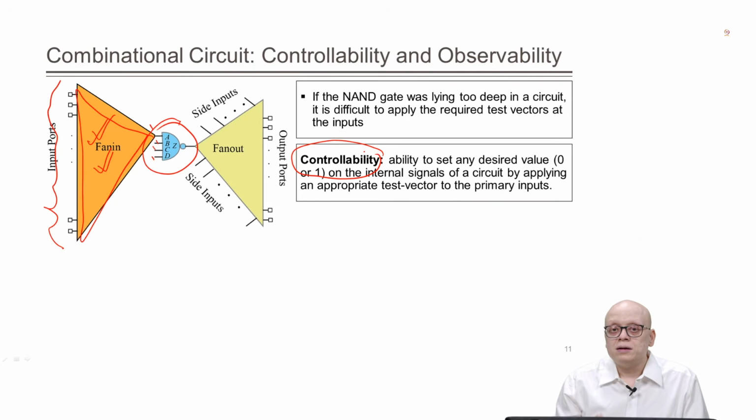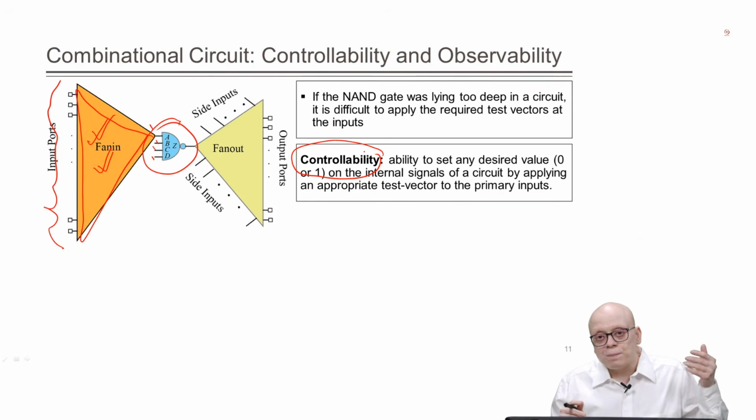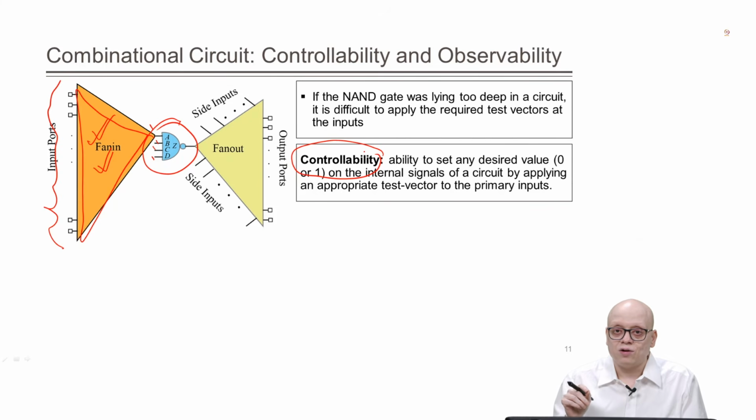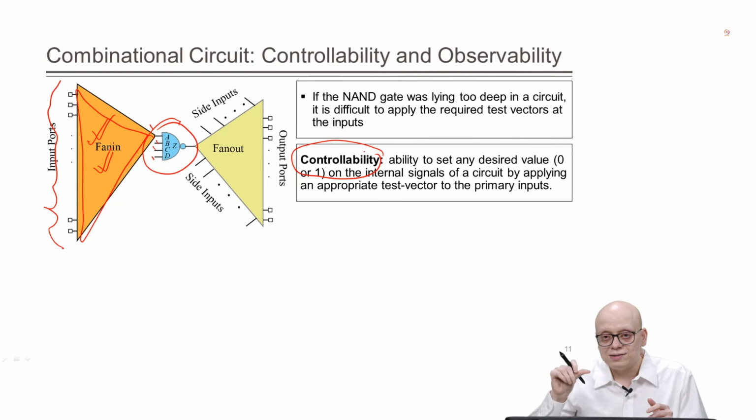So, the ability that we can apply a test vector easily at the input pins of our component or at any given internal signal in our circuit, the ability to apply an arbitrary 0 or 1 at a given internal signal in our circuit from the input ports, that ability of a circuit is known as controllability.